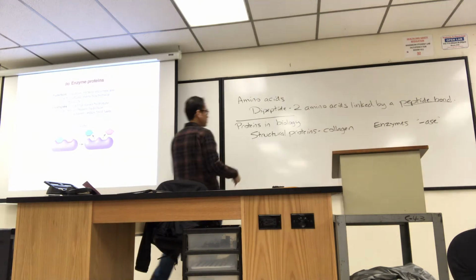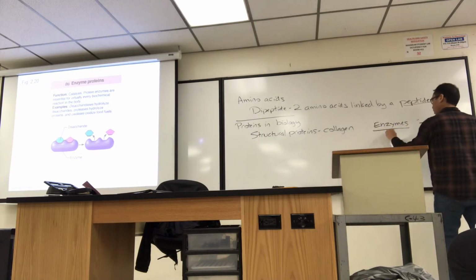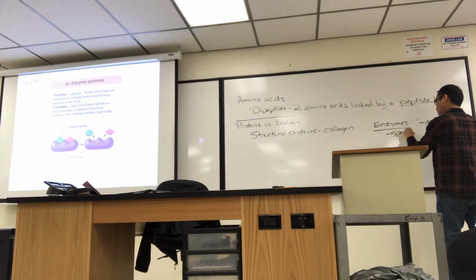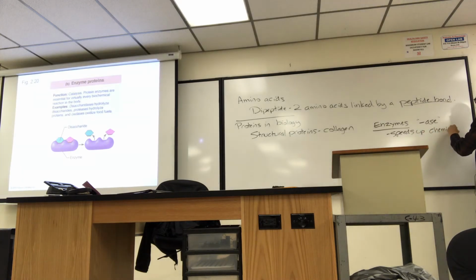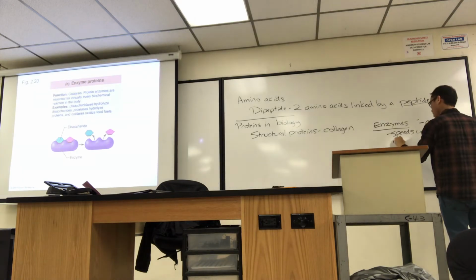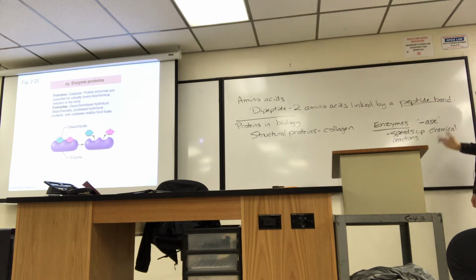So let me put that as a general thing of what we want you to know about enzymes, what they do. Speeds up chemical reactions by lowering the activation energy.